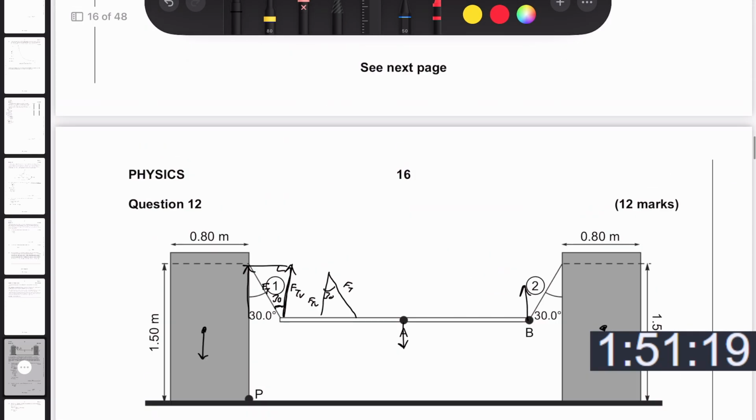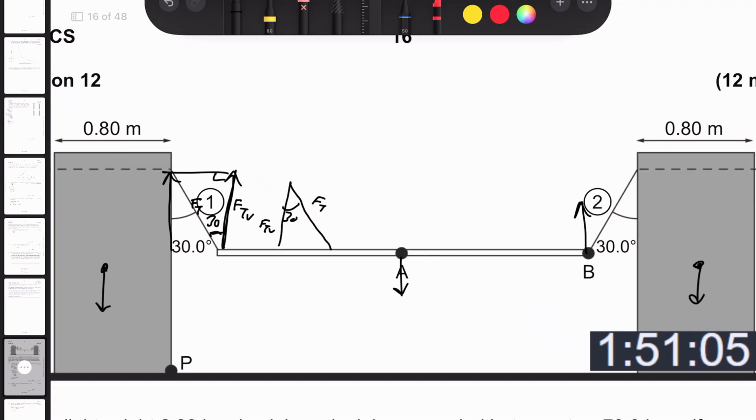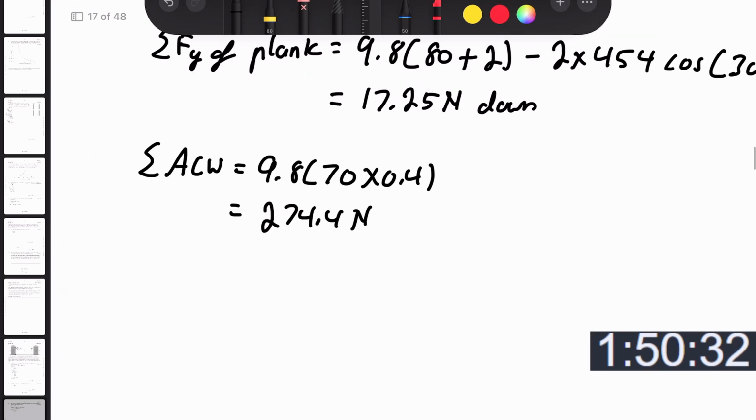Wait, what? Am I doing this right? I don't think I'm doing this right. Whatever, I'm just going to go with it because I'm running out of time.